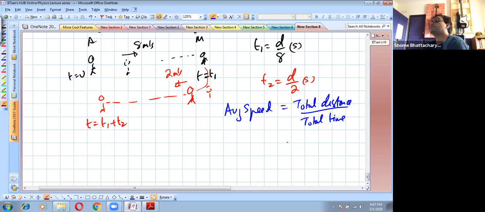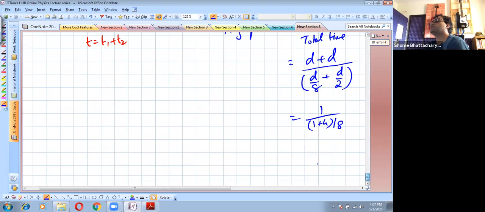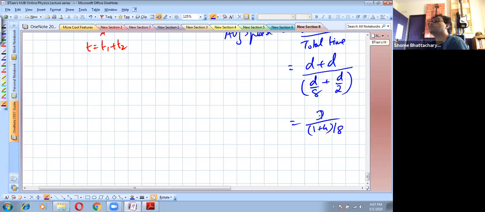So the total distance is D plus D, 2D, and the total time is T1, which is D by 8, plus T2, which is D by 2. So that becomes 2 upon (1 plus 4) divided by 8. So 16 by 5, 3.2 meters per second. This is the average speed.